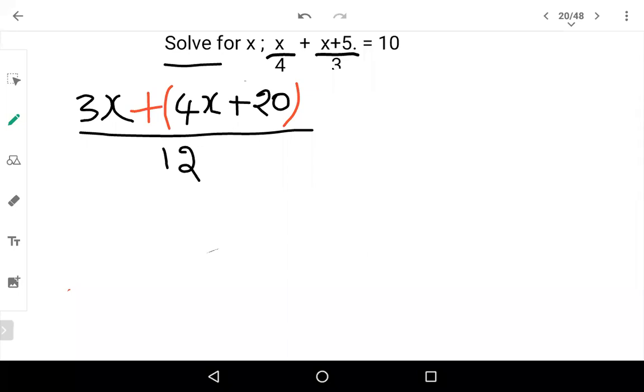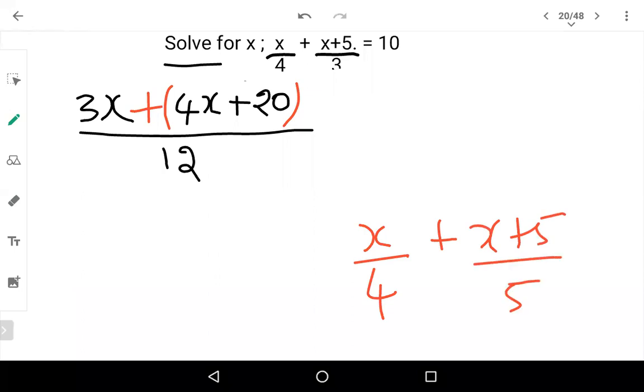Let's see, whichever way you find it easier, you can follow that. So you have x by 4 and then x plus 5 by 3.